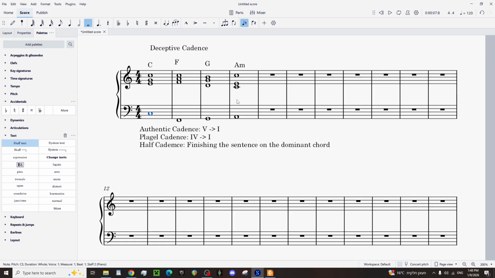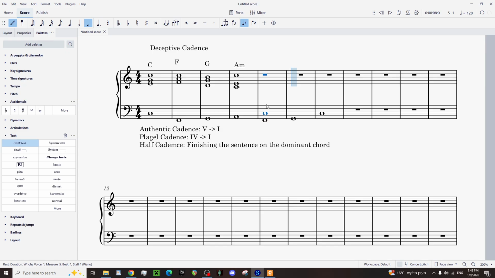But usually afterwards, you do something kind of similar and you just go back to the tonic. So let's give another example. Just continue on. Let's say you go to F, then a G, then a C. Nope, my bad.